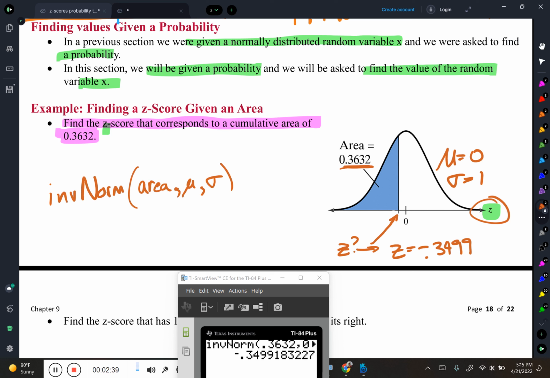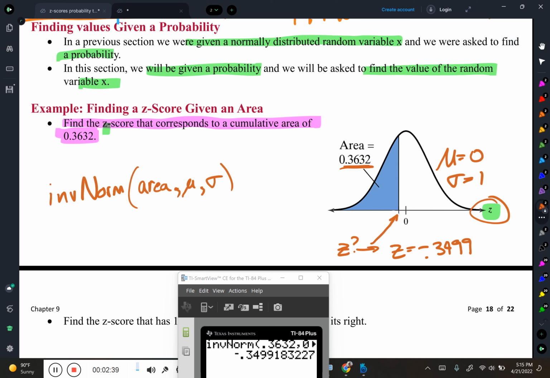But what I can do is I can find this left tail, where the left tail is just going to be 1 minus 0.1075, or what is that, 0.8925.